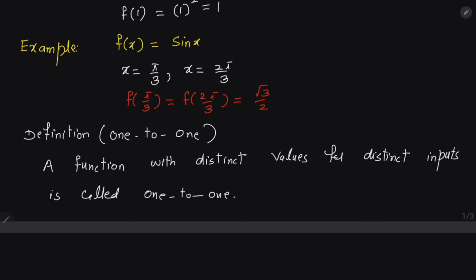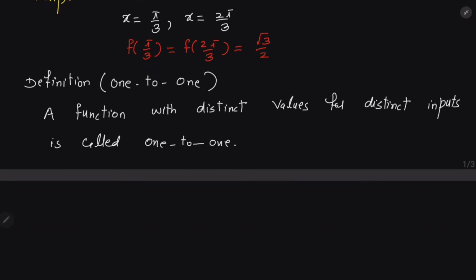Okay. So this is very important in finding the inverse function of any function. We must have a one-to-one function.